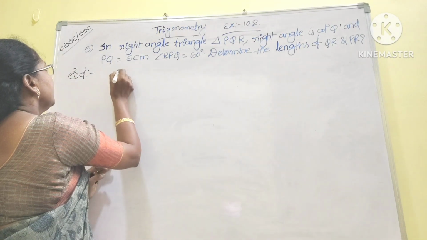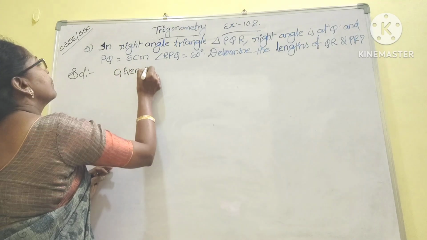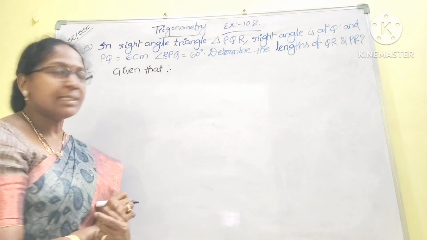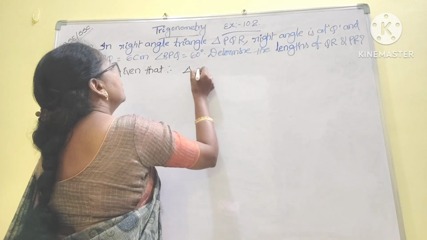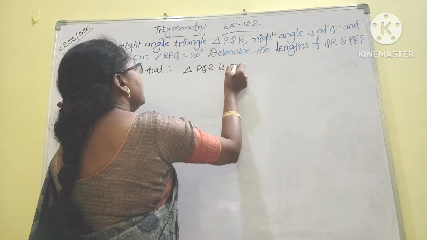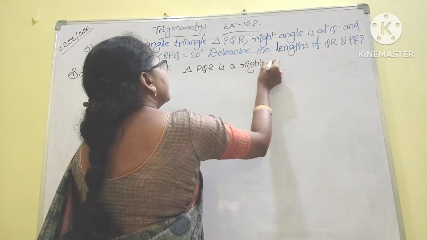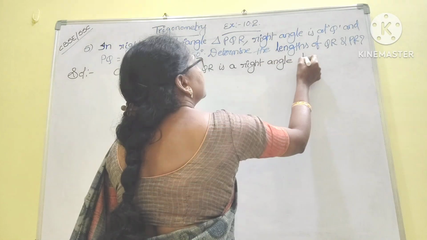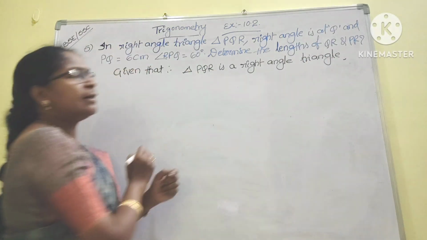Here, in the given that, what is given here? Triangle PQR is a right angle triangle. And right angle at which letter?